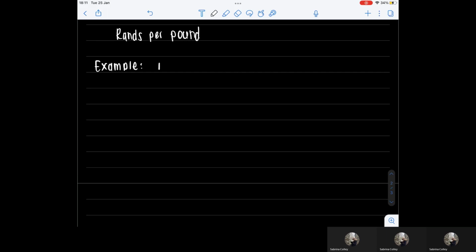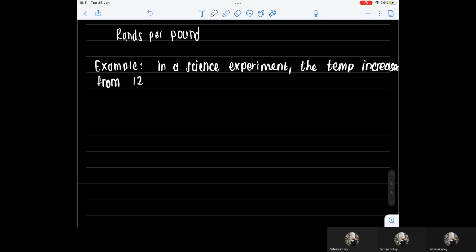Okay, so in a science experiment, the temperature increased from 12 degrees Celsius to 77 degrees Celsius in 5 minutes.